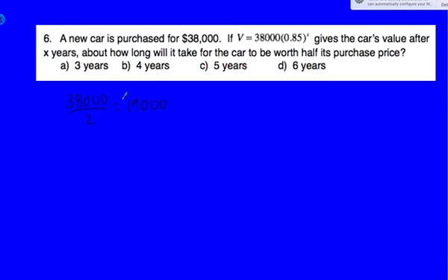So what we're looking for is when the value of the car is $19,000. We need to figure out which of these years in our answer choices will get closest to 19,000.